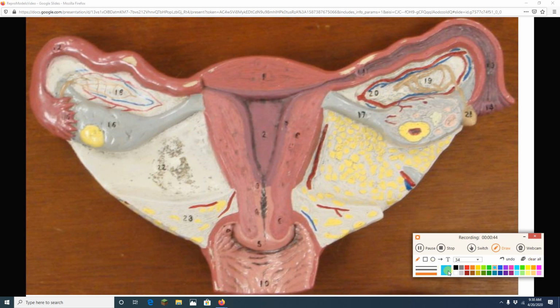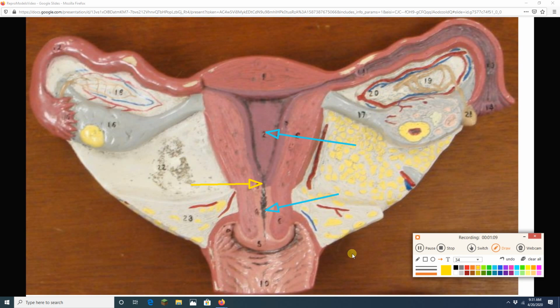Now the space inside the body is called the uterine cavity. The space in the cervix is the cervical canal. The opening between the uterine cavity and the cervical canal, that opening right there, is one we met before.